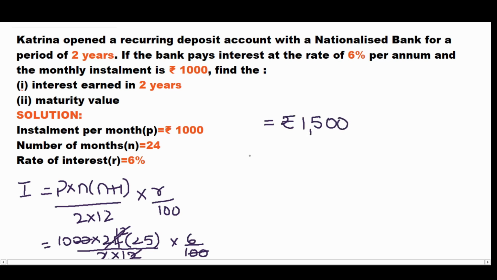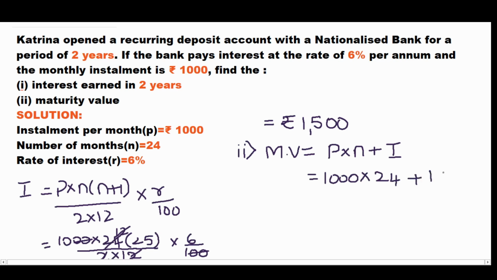So Katrina gets ₹1,500 as interest. Second, we need to calculate the maturity value. We know MV is equal to P into n plus I. P is 1000, n is 24, I we have already calculated, it is ₹1,500.